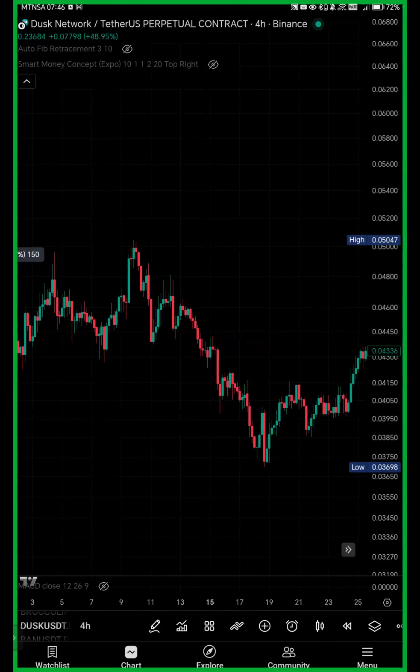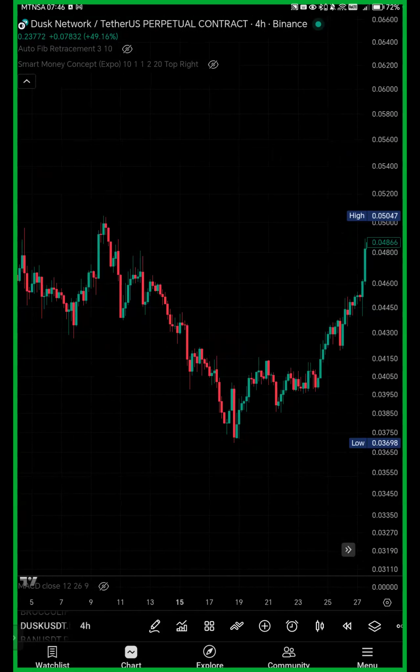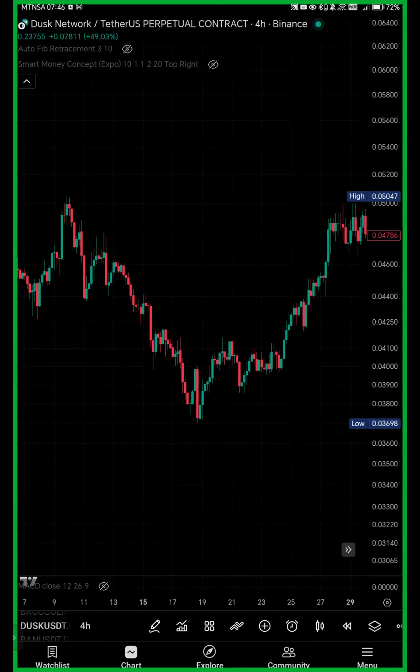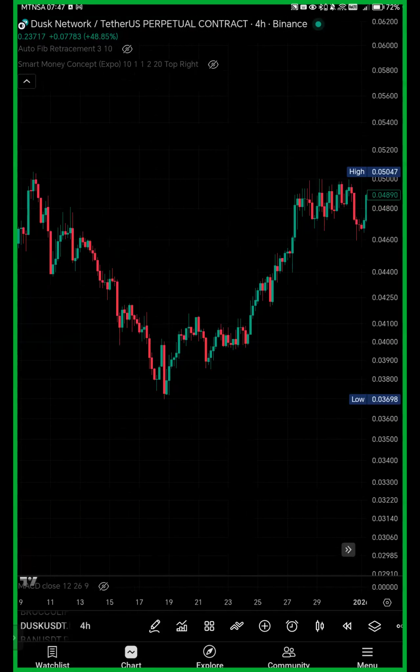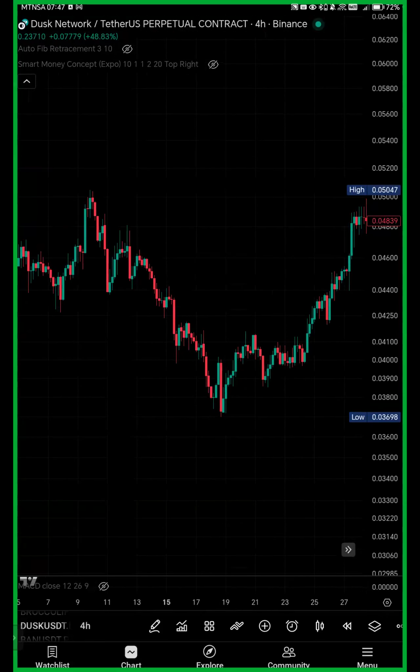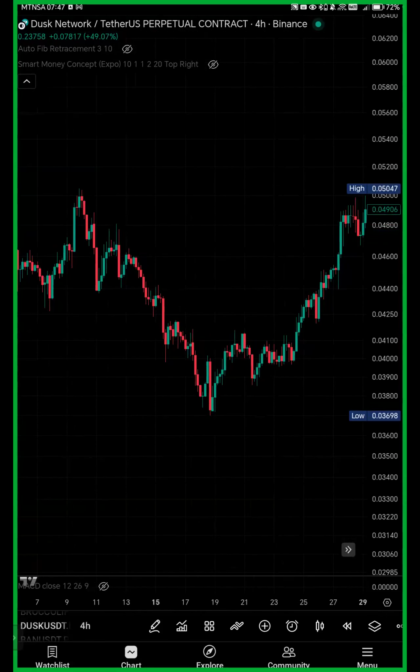I'm not getting a perfect one. It is a composition of 3 candles. One is a bearish candlestick. The other one can be bearish or bullish, but it is a small candle. And the third candle should be a bullish candle.